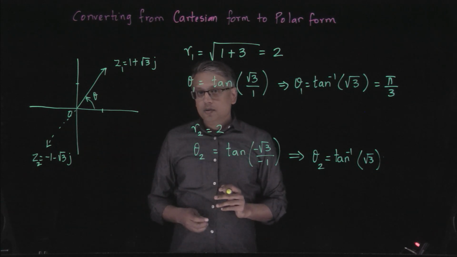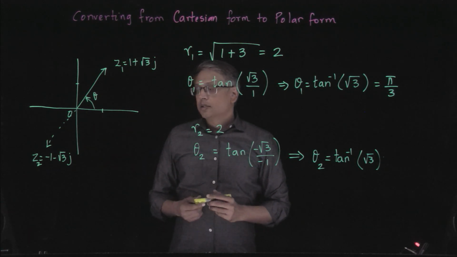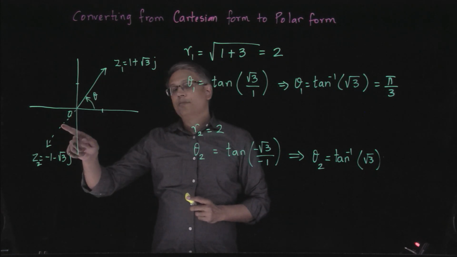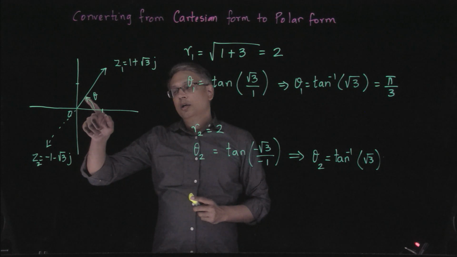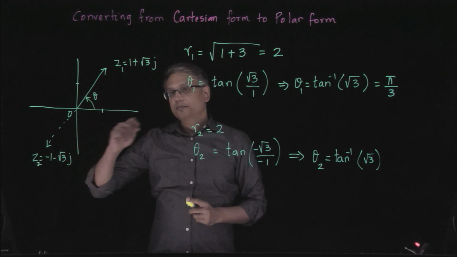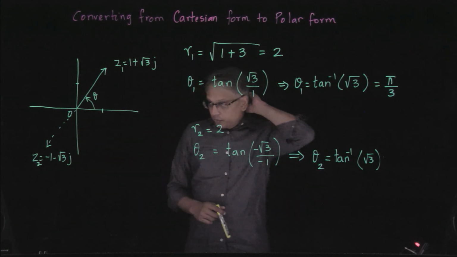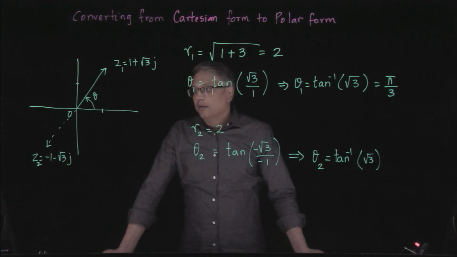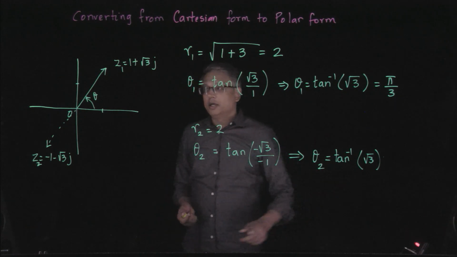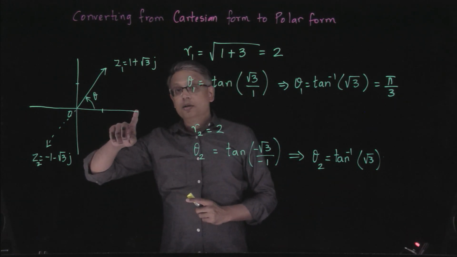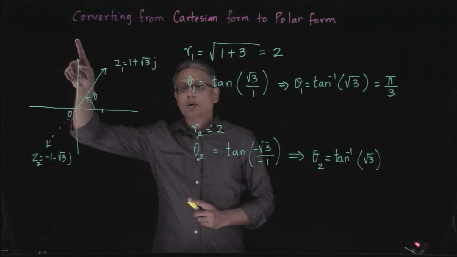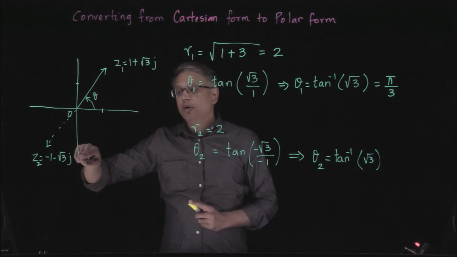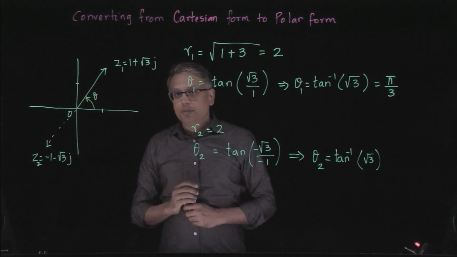And the reason you get into this problem is because tan of theta is the same as tan of pi plus theta, or tan of theta minus pi. And so what we need to do is to realize that your calculators are typically going to give you values only between negative pi over 2 and positive pi over 2.